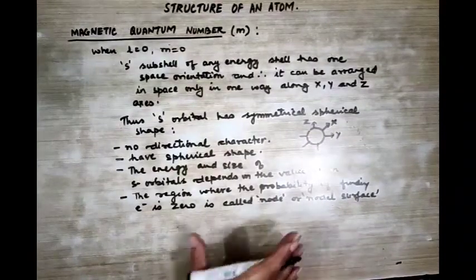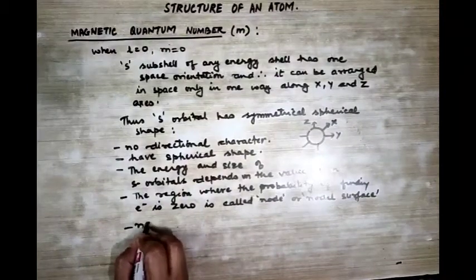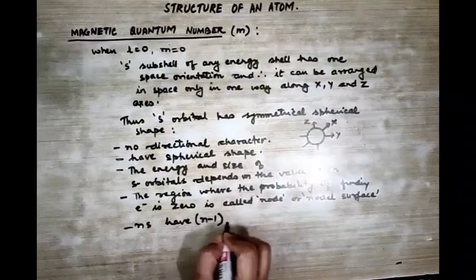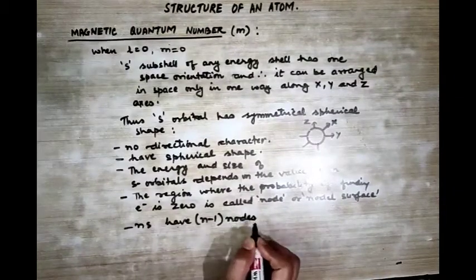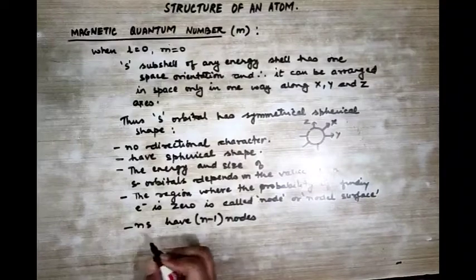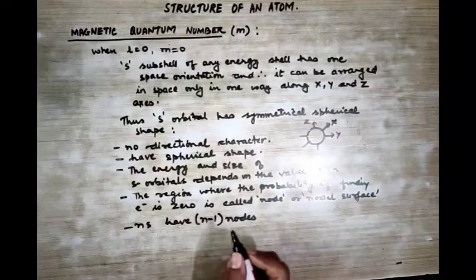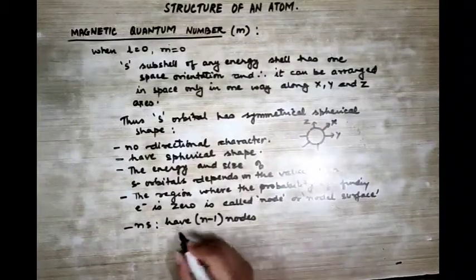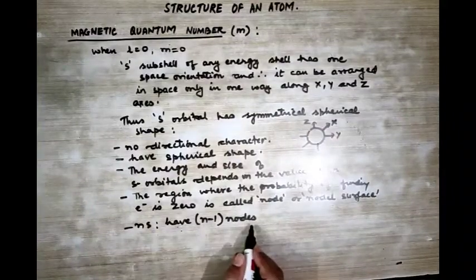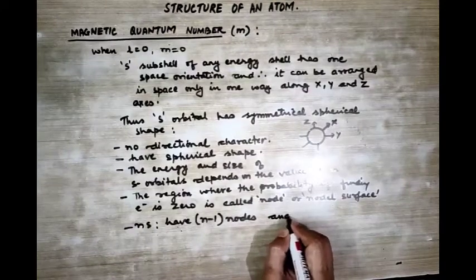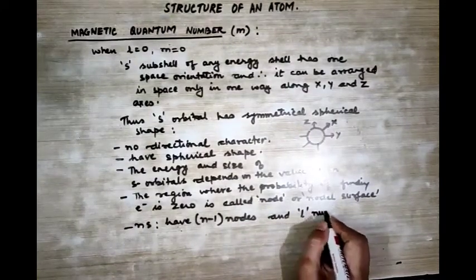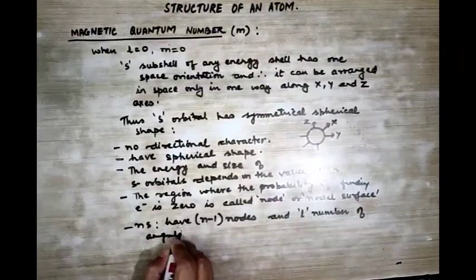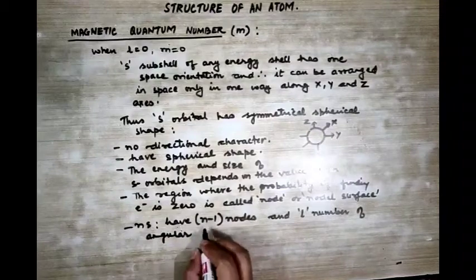So in general, ns orbitals have n minus 1 nodes, and L number of angular nodes or nodal planes. ns have n minus 1 nodes and L number of angular nodes.